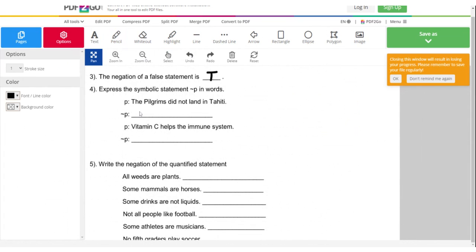I'm not going to write it out, I'll just say it. The Pilgrims did not land in Tahiti, so the negation of that is the Pilgrims did land in Tahiti.